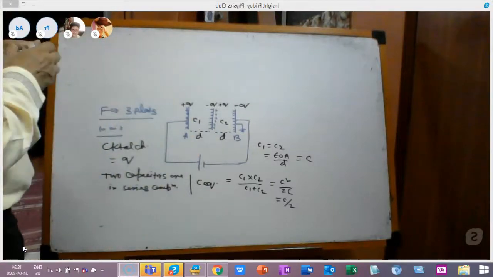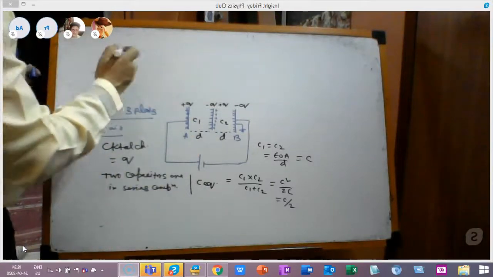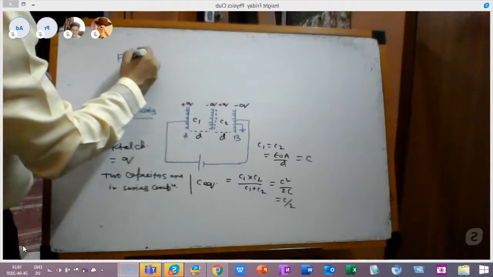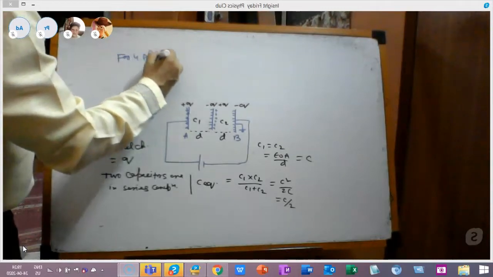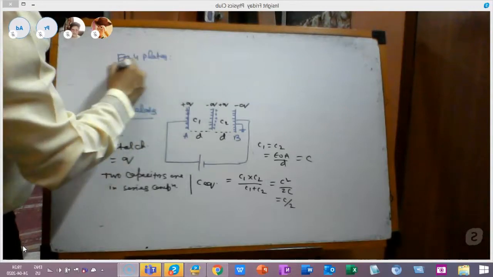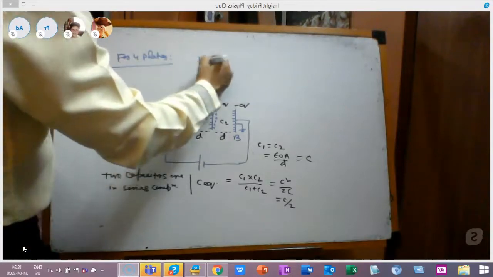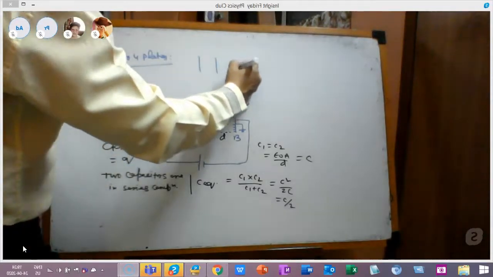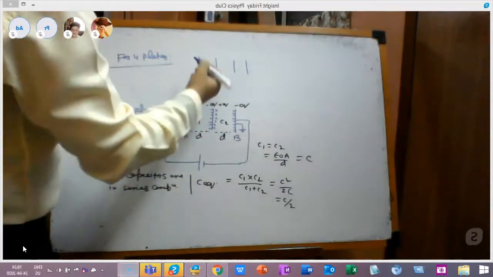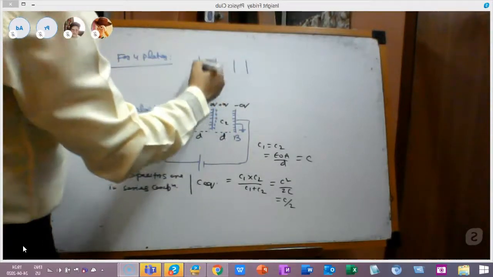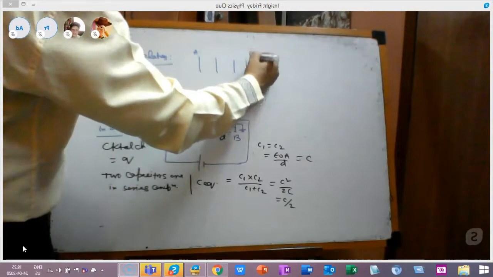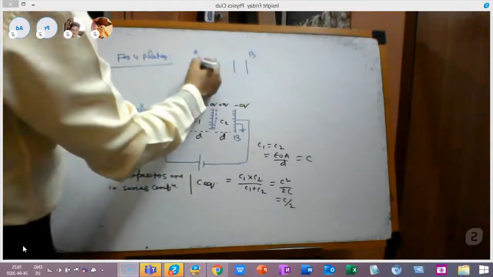So for 4 plates, if they are kept side by side, between these 2 plates A and B we are supposed to find the equivalent capacitance.